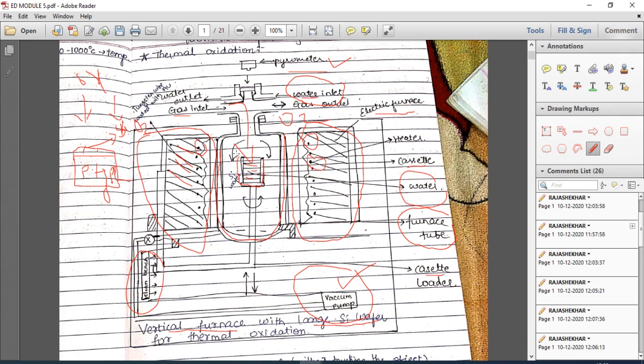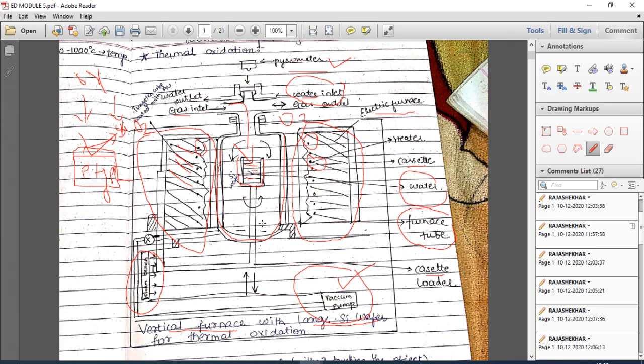But here we are using a large quantity of wafers, where at a single time it is capable of performing many such oxidation processes, used for fabrication to manufacture either NMOS, PMOS or BJT, whatever we want.